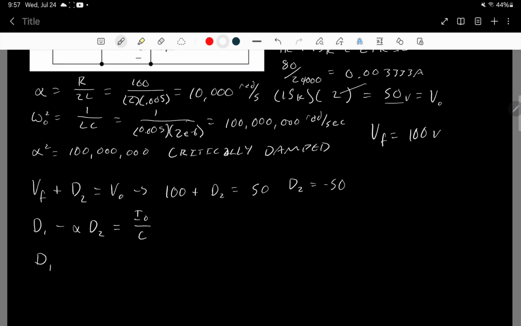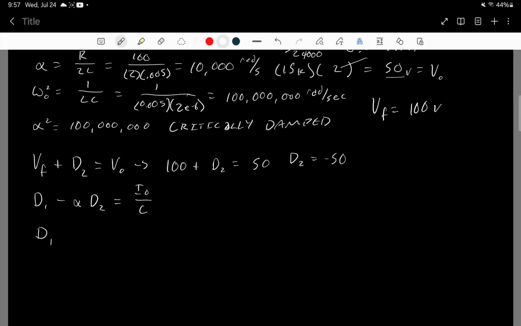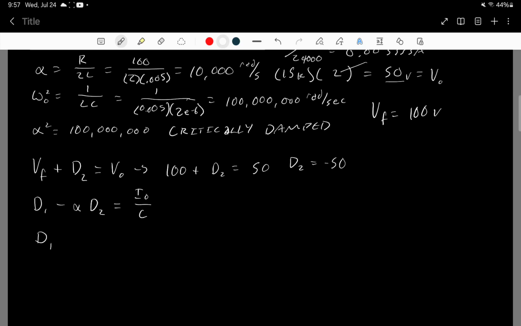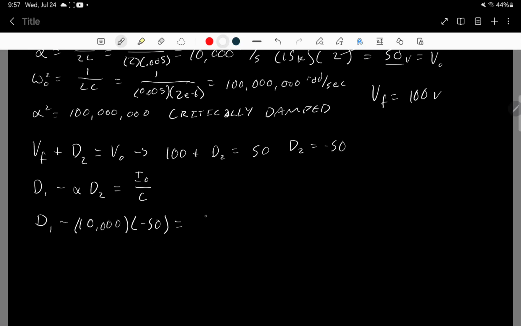And our I naught is 0, which makes the problem pretty simple for us. Alpha is 10,000. D2 is negative 50. And I naught is, as we said, 0 amps. So 0 over anything is 0, so this all gets set equal to 0.